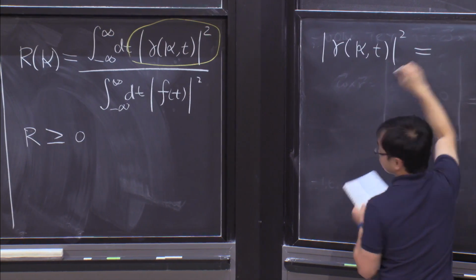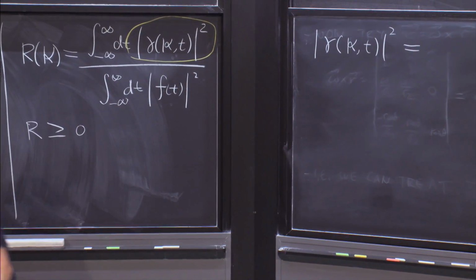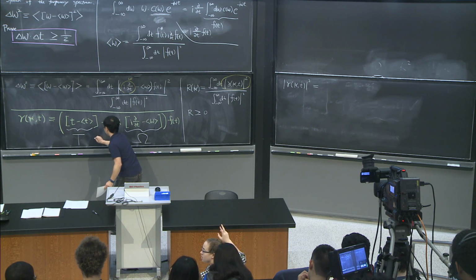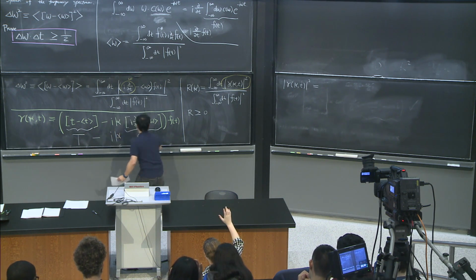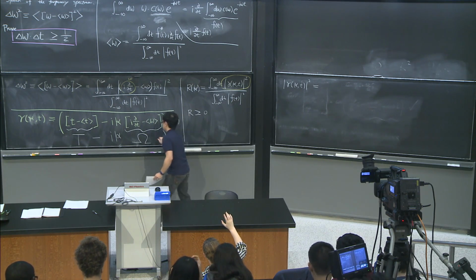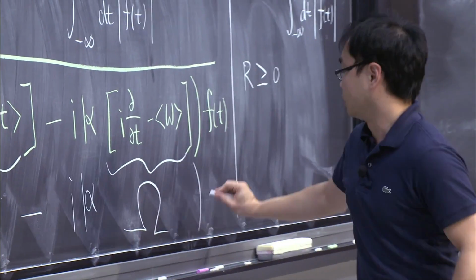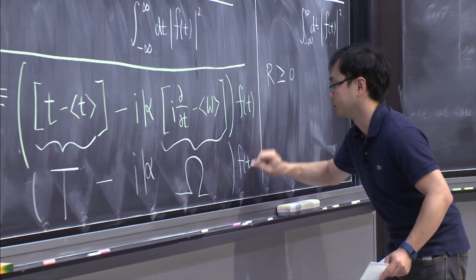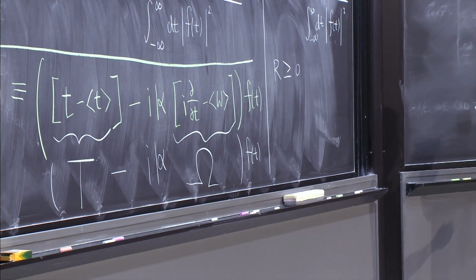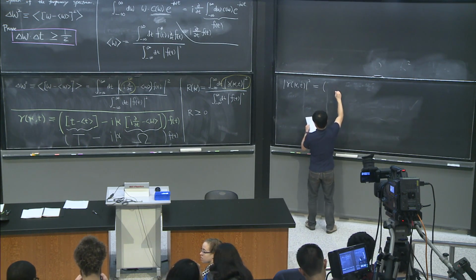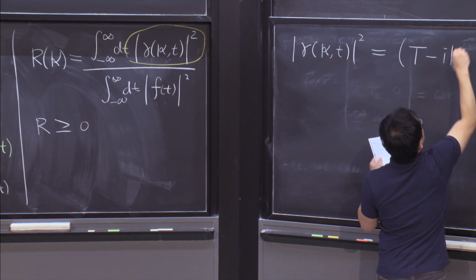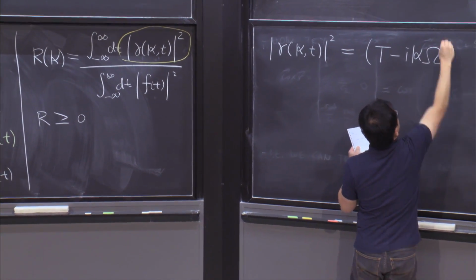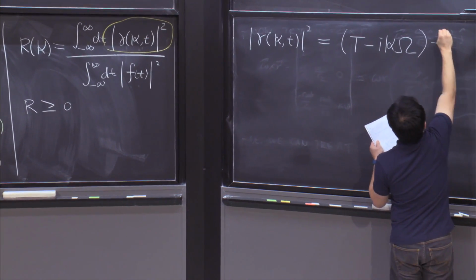Basically, what I'm going to do is to use this expression, right? R is actually now equal to capital T minus I kappa omega times f of t, so that my life will be easier. Then basically you get T minus I kappa omega f, right?